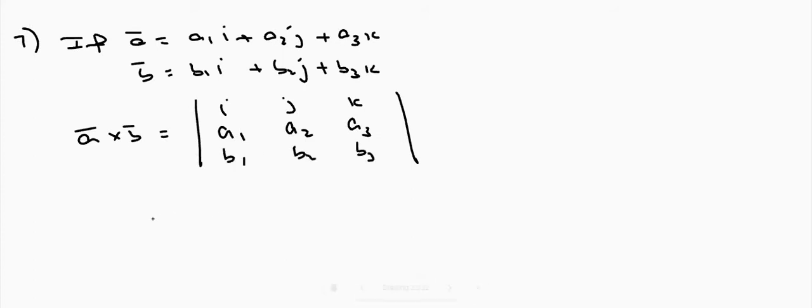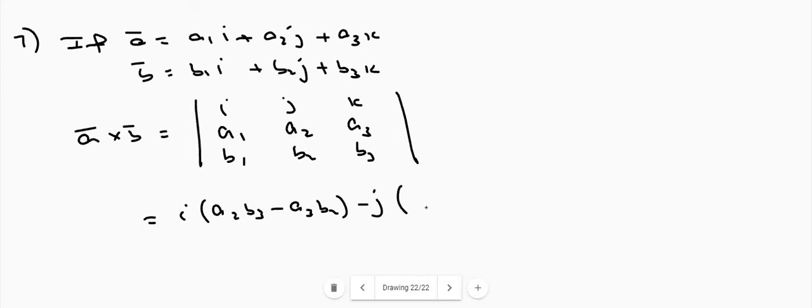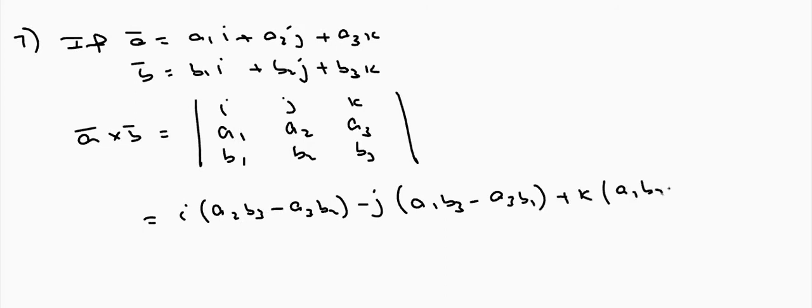Expanding along the first row, we get I into A2 B3 minus A3 B2, minus J into A1 B3 minus A3 B1, plus K into A1 B2 minus A2 B1.